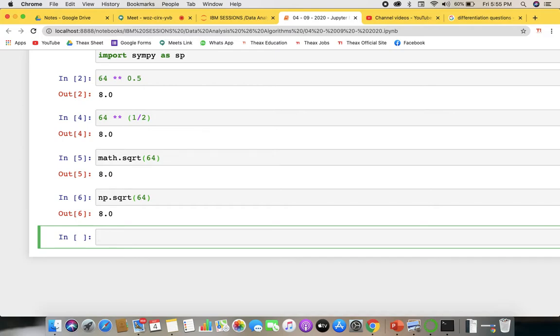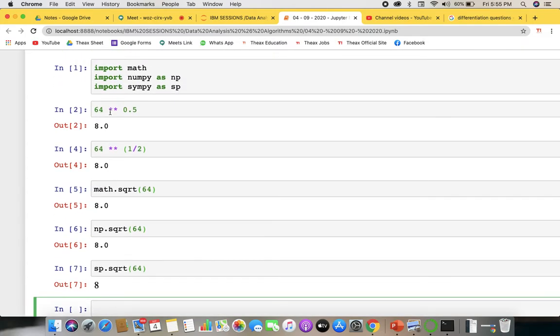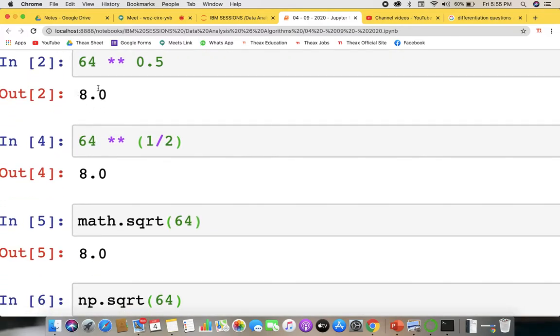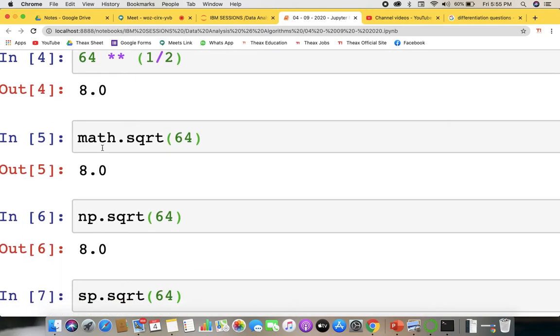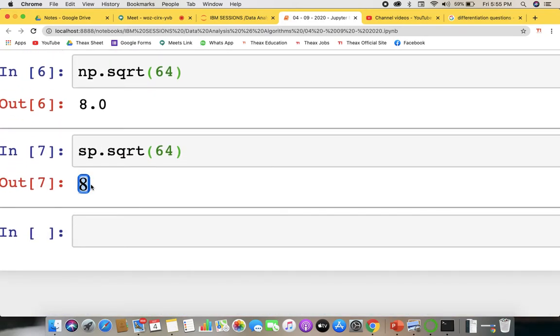In the SymPy package also, you write sp dot sqrt of 64, and you get the results. Now, can you see the difference here? You are getting 8.0, some mathematical values here, but in this case you are getting a symbolic representation, that is 8. Got this? Okay. The very first thing.